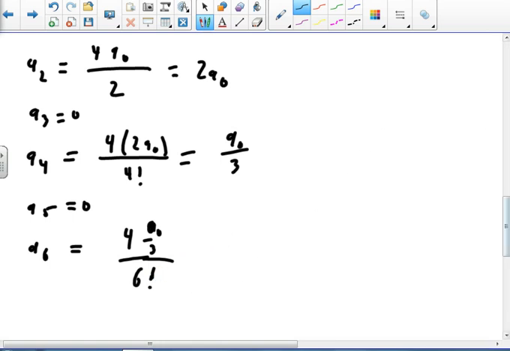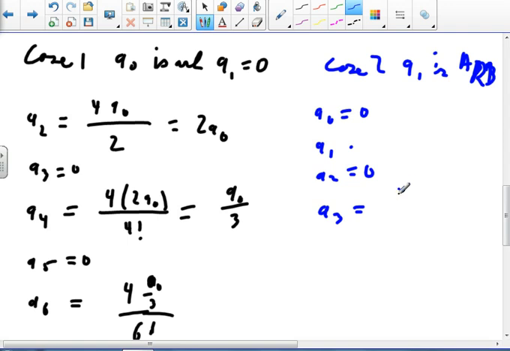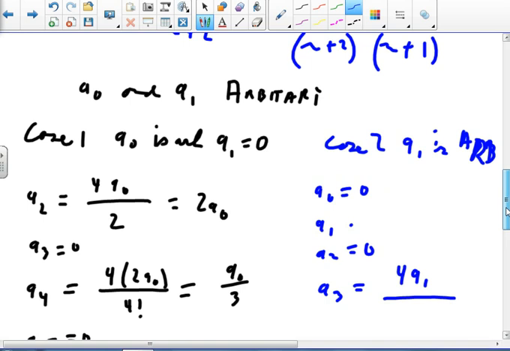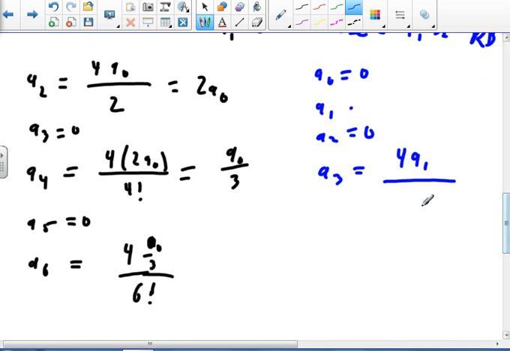Okay, so we're going to look at the other guy. The other guy is a0 is 0, a1 is arbitrary, a2 is 0. a3 is going to be 4a1 divided by 3 times 2, which is 2a1 over 3.